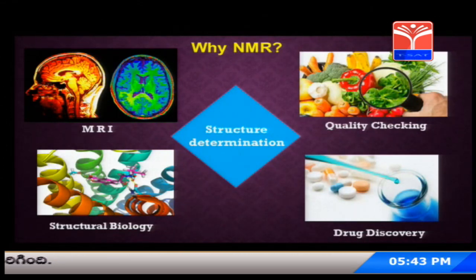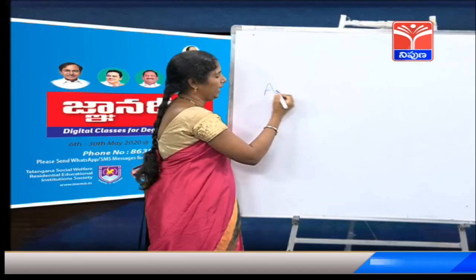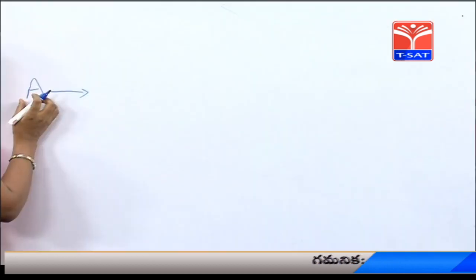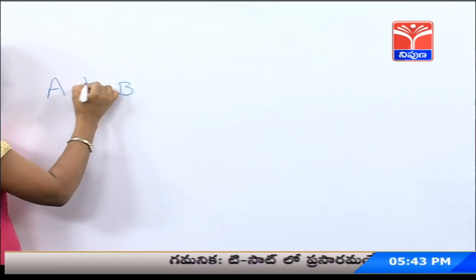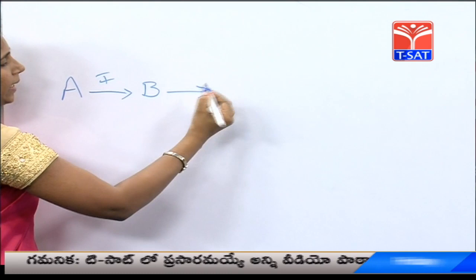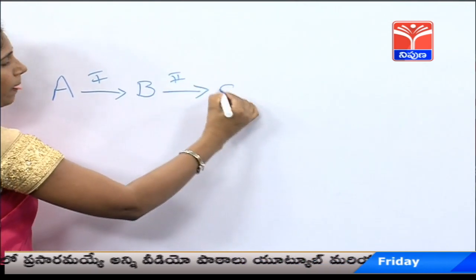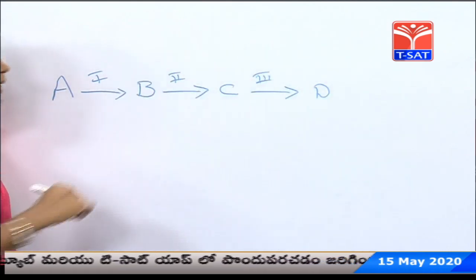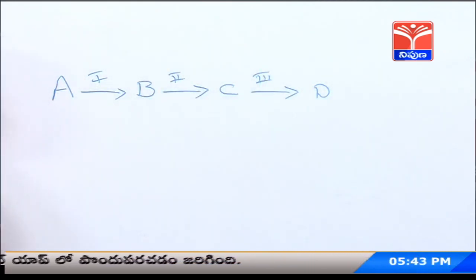Let us assume that we have designed a drug D from starting material A in some steps. Those are conversion of A to B in the first step, and in the second step B to C, and in the third step C to D, which is a drug molecule here.